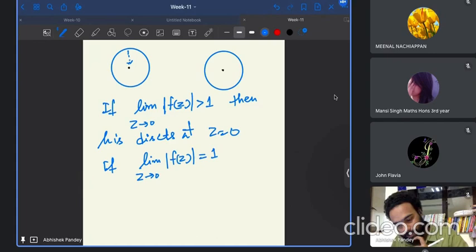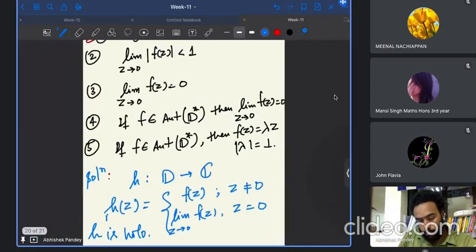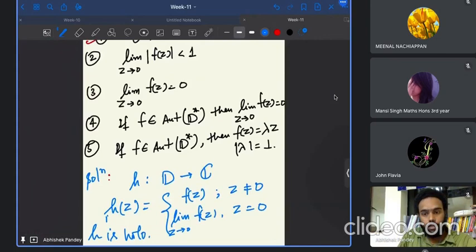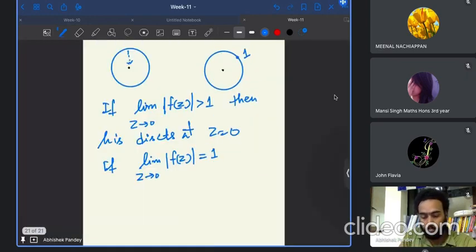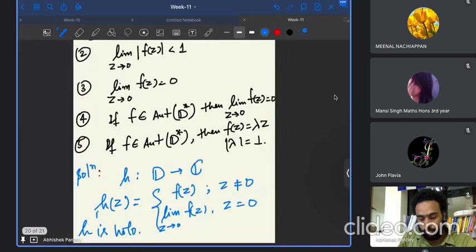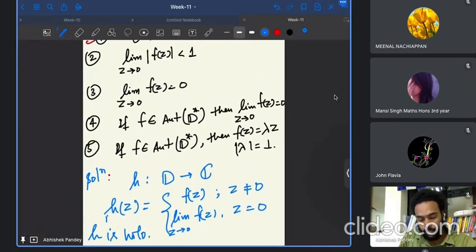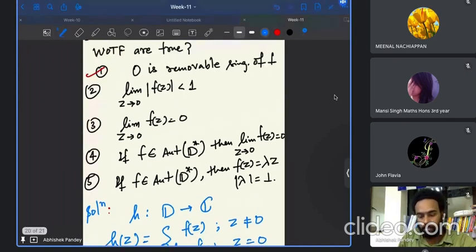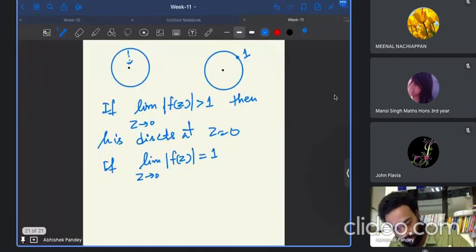It means that once you are tending to 0, mod of f(z), you are going to some point at the boundary. Since h is holomorphic in the unit disk D, it means that at 0 the modulus is attaining the maximum. Mod of f(z) is the maximum at an interior point. So by maximum modulus principle, h will be constant, so f will not be an automorphism. So this is also not possible.